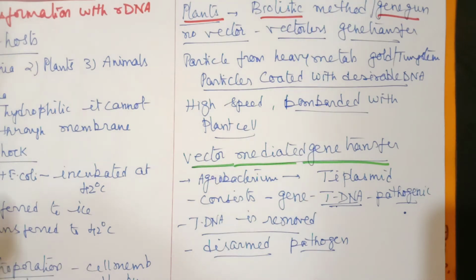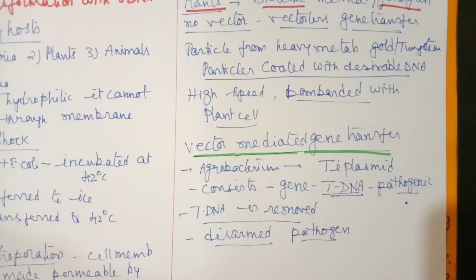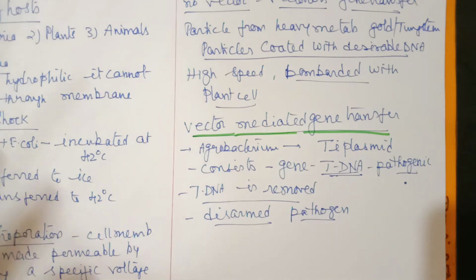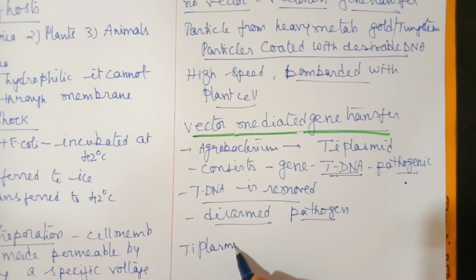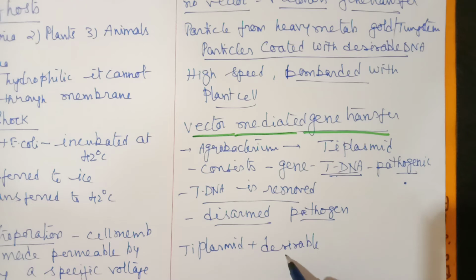Now this plasmid is used as a vector. So now the Ti plasmid, which is already disarmed, is mixed with any desirable DNA, and then it is introduced into the host cell. What is it? Agrobacterium.